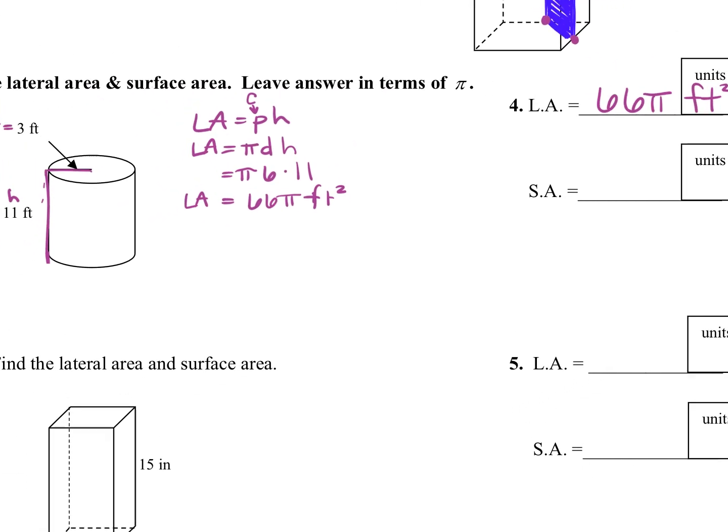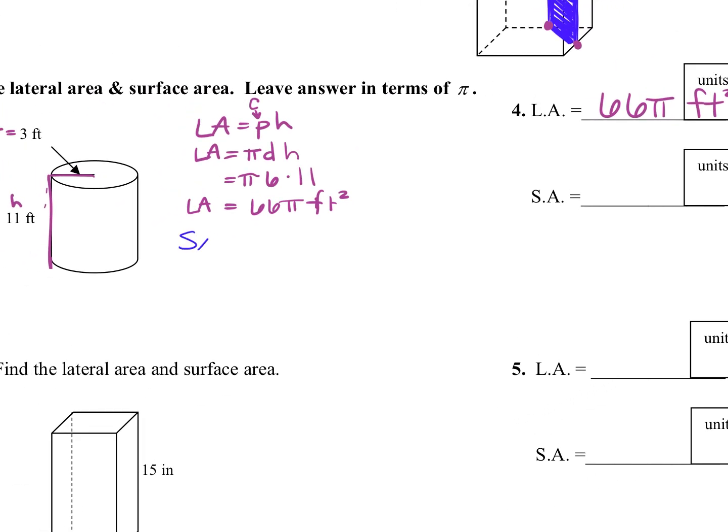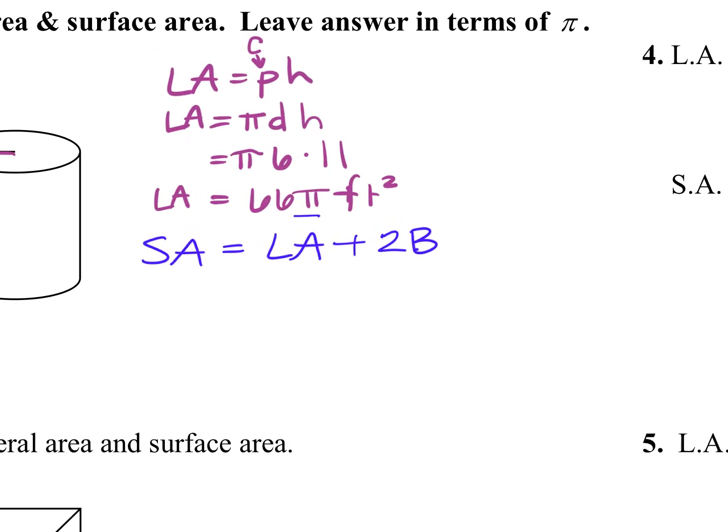All right, then this part, the surface area, is going to be your lateral area plus how many bases? 2 bases. In the next lesson, you'll see we get to some figures that only have 1 base, so make sure we can differentiate there. What is LA? 66 pi. That's right here. So 66 pi plus 2.